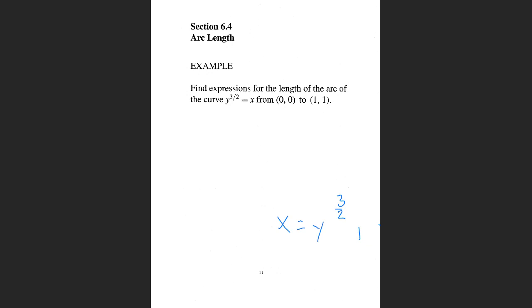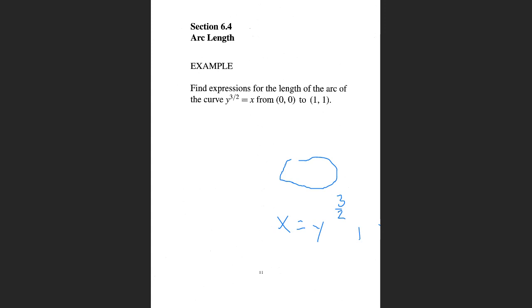Mark, we don't want to square both sides. Oh, I see what you're saying. I guess we could square both sides of the equation, but I'm going to choose to leave that as is. In other words, what I'm trying to say is parametric equations are not unique. You can get multiple parametric equations that'll graph out the same curve.